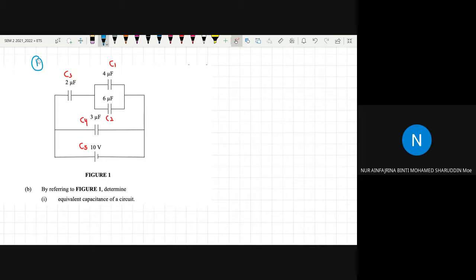Okay, Miss ada soalan. So, nak cari equivalent capacitance. Okay, our aim is to find for the equivalent capacitance. So, I want to know C1 and C2 ni parallel or series right now? Parallel. Parallel, very good. So, kalau untuk cari parallel punya effective capacitance ataupun equivalent capacitance, what is the formula?